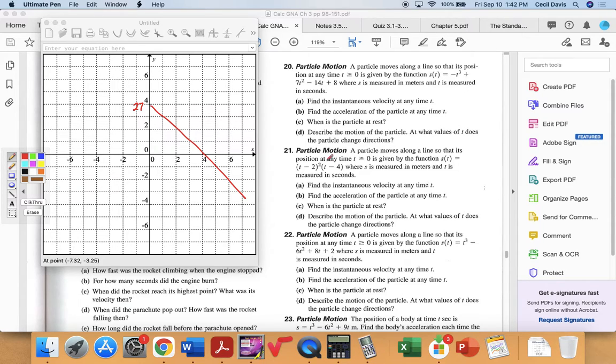So the acceleration graph looks something like this, where this is 5 and that's 27-ish, 26, somewhere in there. And the other graph looked like that. Part B, ds/dt is 30t minus 3t squared.